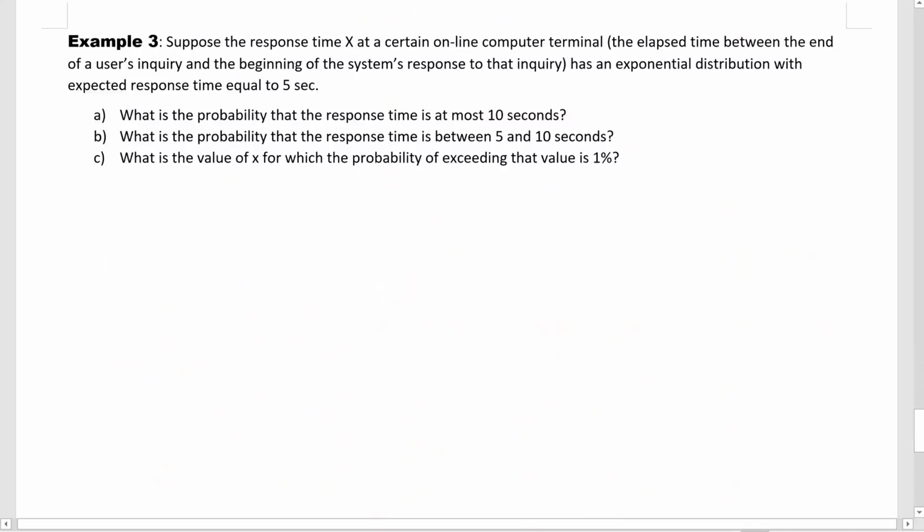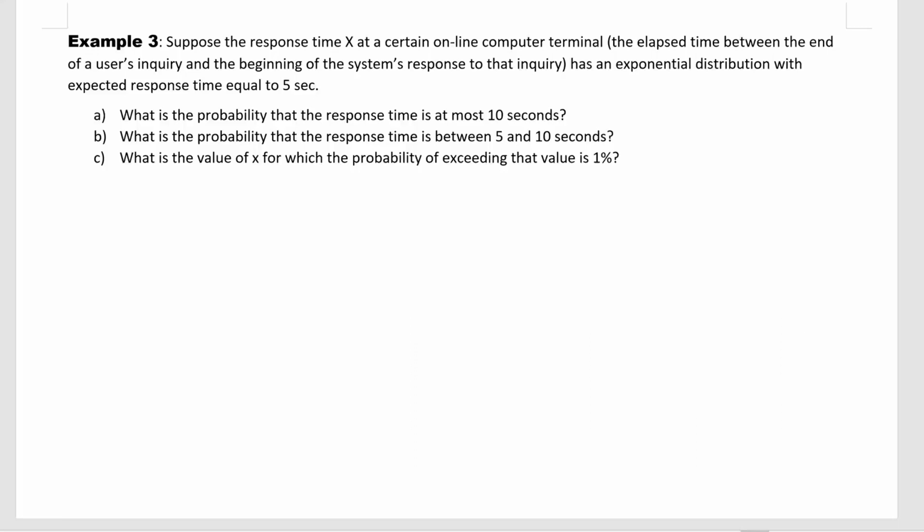Let's look at example 3. Suppose the response time x at a certain online computer terminal, the elapsed time between the end of a user's inquiry and the beginning of the system's response to that inquiry, has an exponential distribution with expected response time equal to 5 seconds.